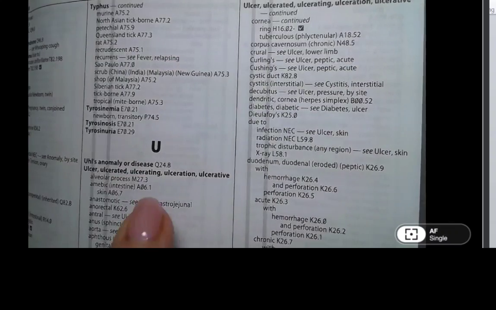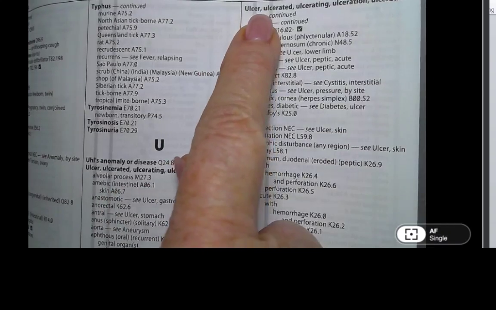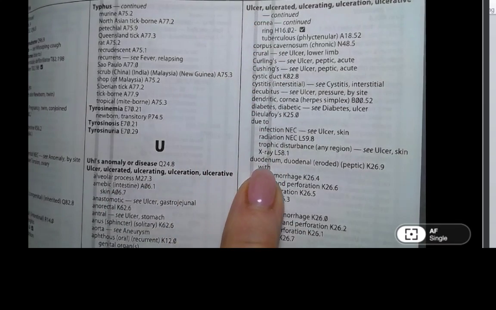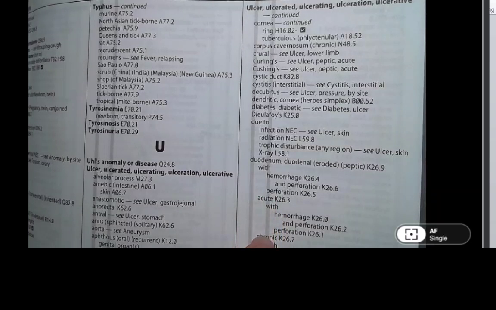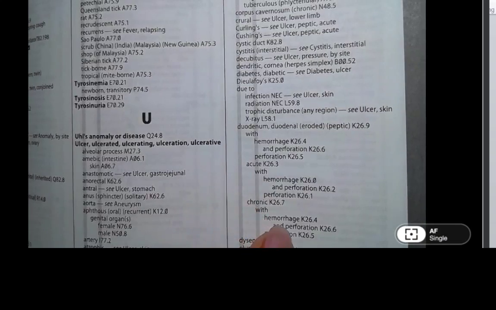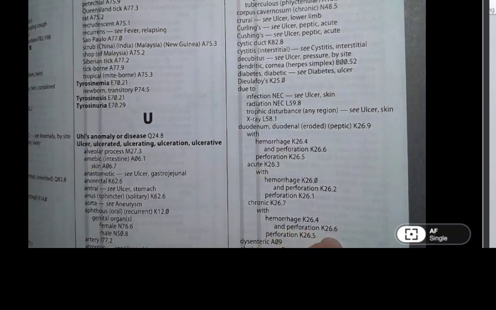Then finding our second code, we're in the alphabetical index under ulcer, duodenal, with acute, chronic. I think we're going to look at chronic with hemorrhage and perforation, K26.6.